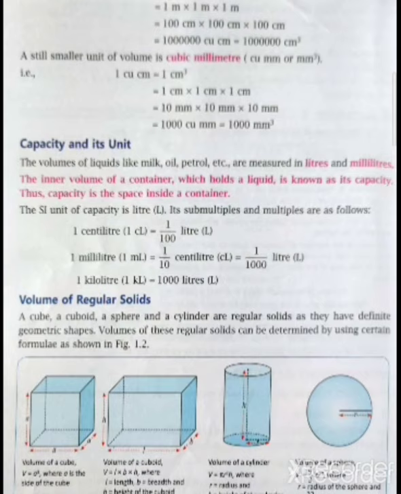We can convert 1 centiliter into liter by using the formula 1 centiliter is equal to 1 by 100 liter. 1 milliliter is equal to 1 by 10 centiliter, and 1 kiloliter is equal to 1000 liter. So we can interconvert centiliter, milliliter and kiloliter while measuring the capacity of a liquid.